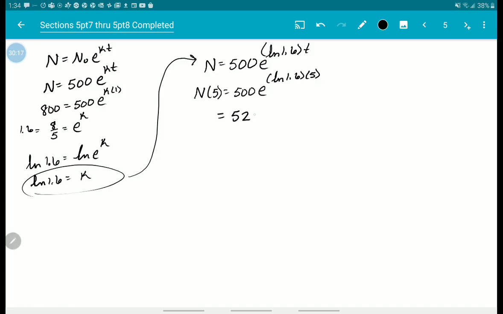And I got 5242, and that rounds to 5243. So I would say about 5,243 bacteria would be present in 5 hours.